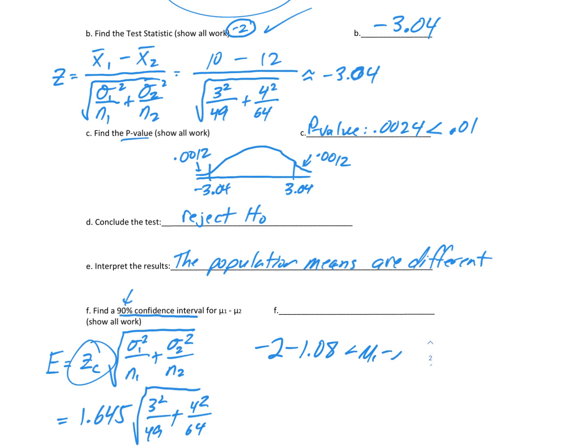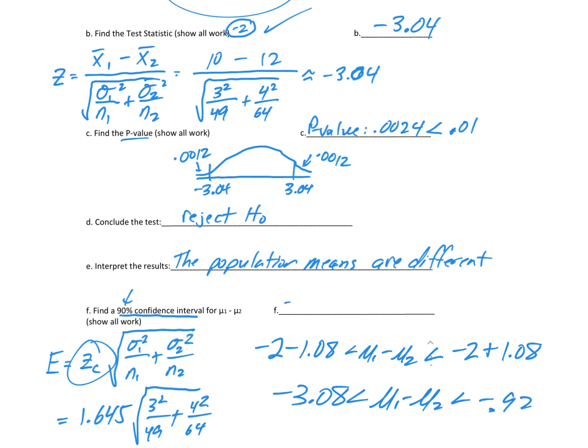Here's the mu1 minus the mu2. And negative 2 plus 1.08. So this yields a negative 3.08, mu1 minus mu2, and a negative 0.92. So let me write it on the answer line: negative 3.08, mu1 minus mu2, and negative 0.92.